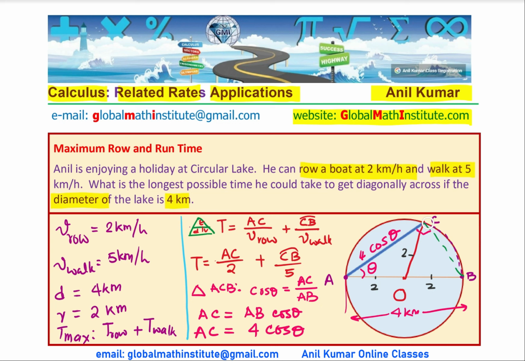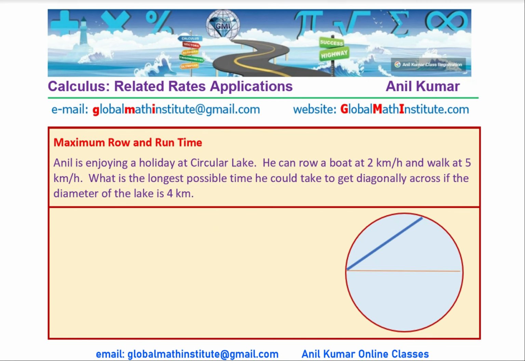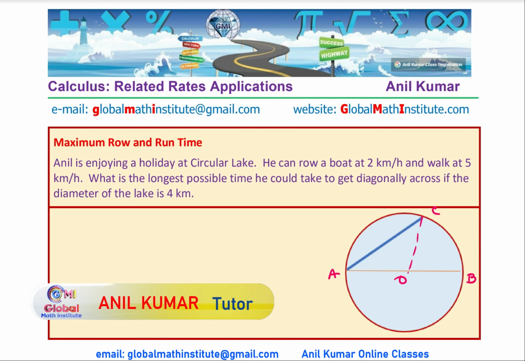Now, how do we find the arc length CB? Let's look into this on a fresh page. So let me just do this construction which we did. So we have AOC, AOB here, C is here, right? And we know that AC is equal to 4 cos theta, if angle at A is theta.